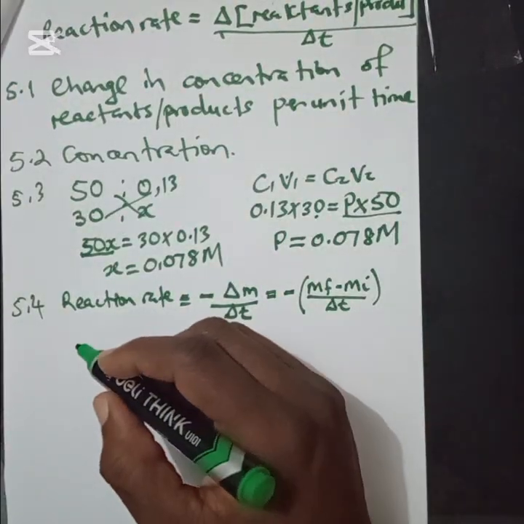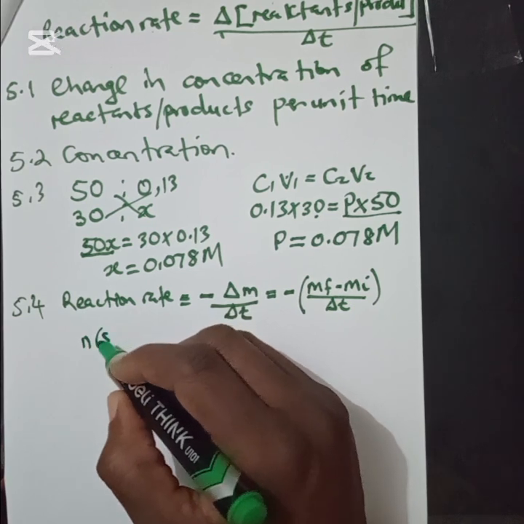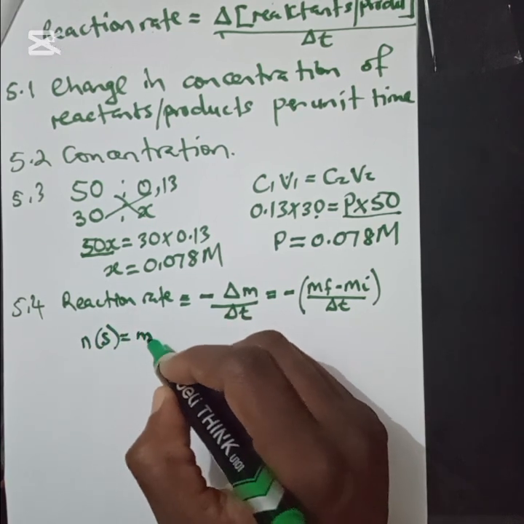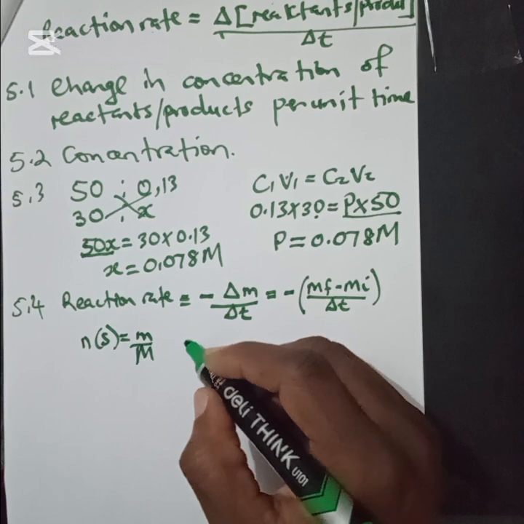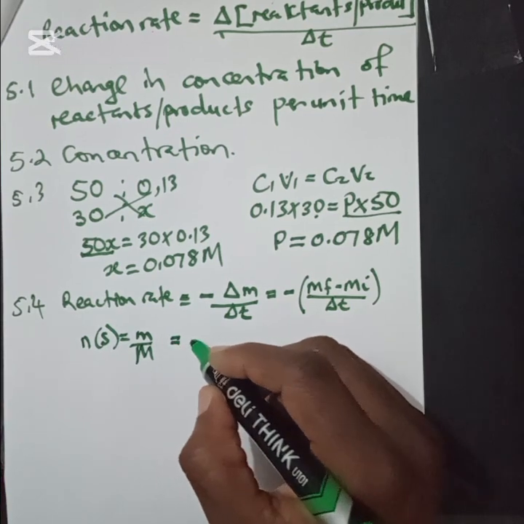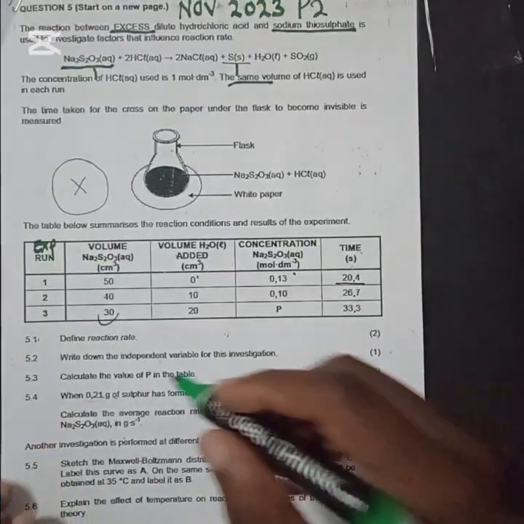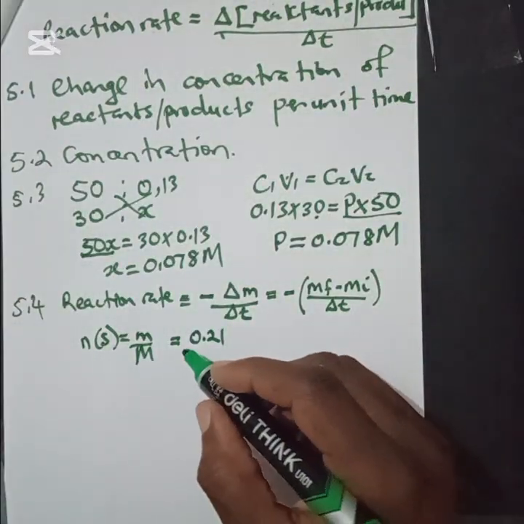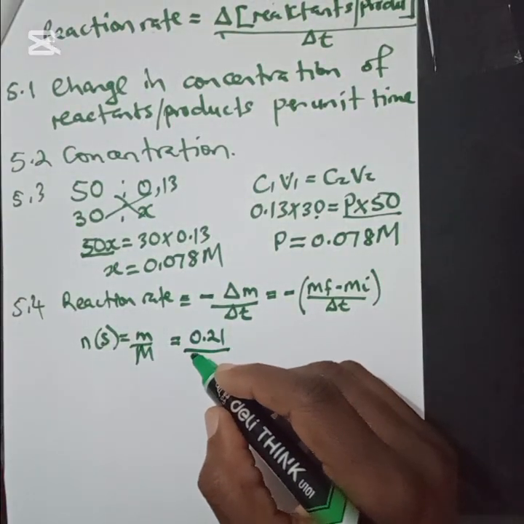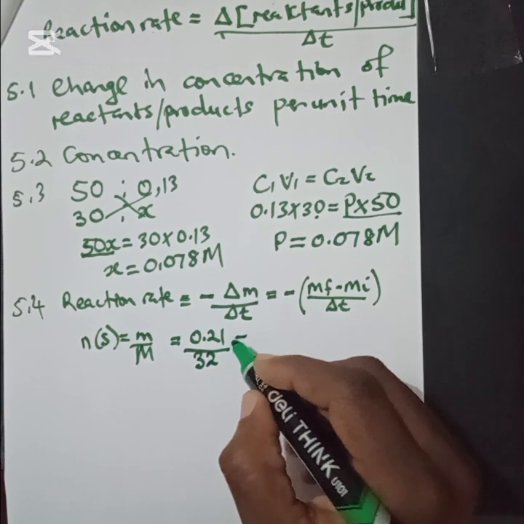N sulfur equals the mass over the molar mass. The mass we were given as 0.21. Let me just verify. 0.21 grams, yes, divided by the molar mass of sulfur, 32.